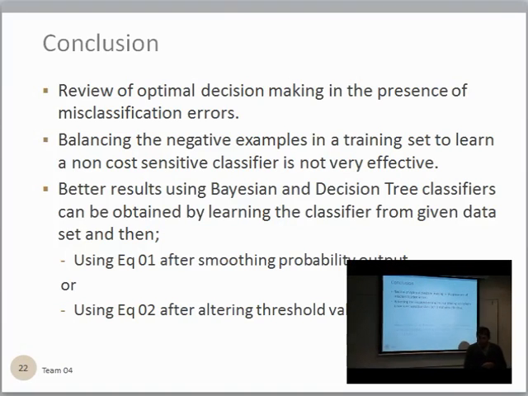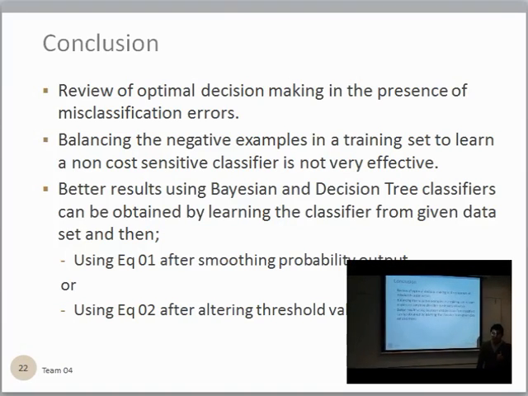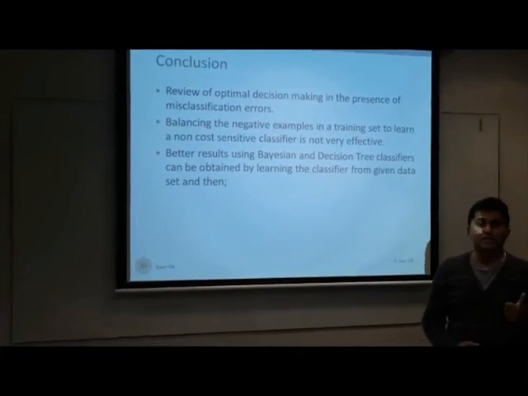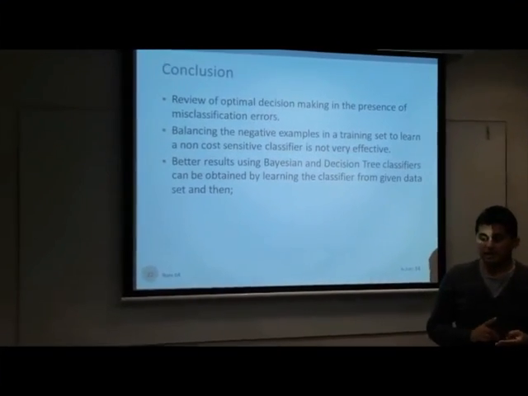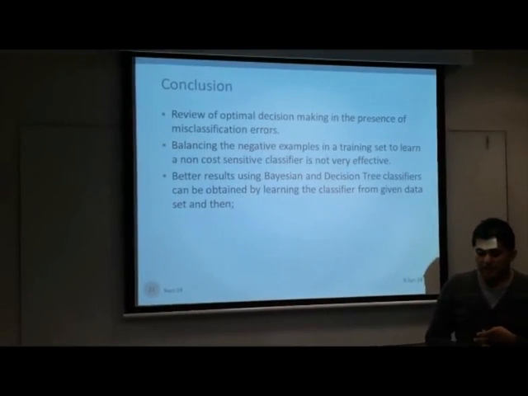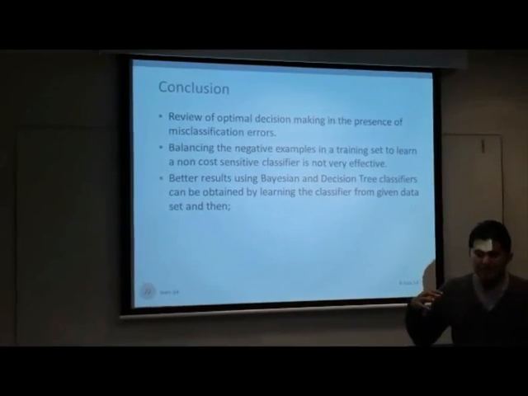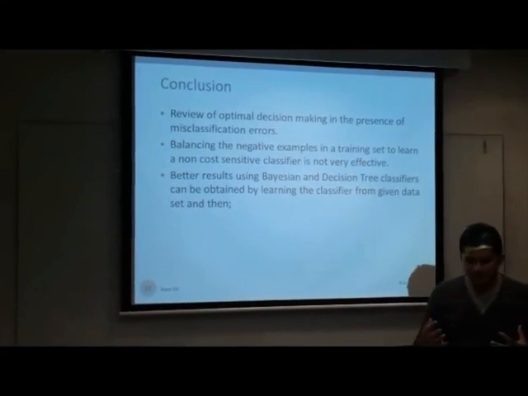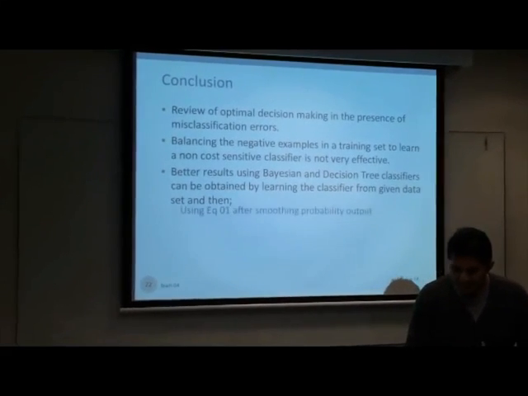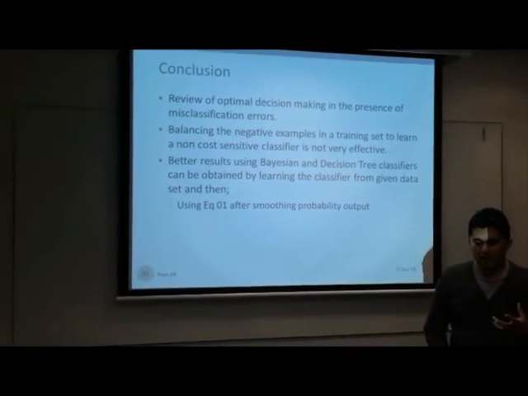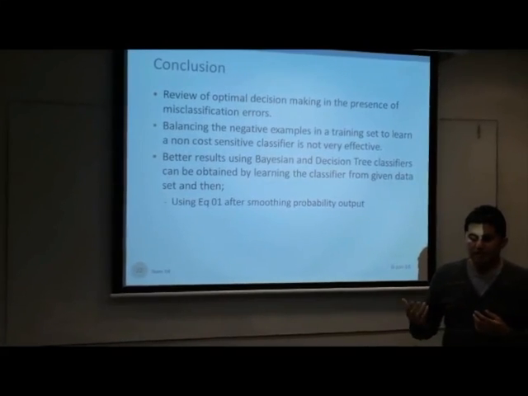However, what he does recommend is that better results can be obtained for the two classifiers, Bayesian and decision trees, by learning the classifier on the data as given in the given data set, and then using equation 1 after smoothing the probabilistic output.